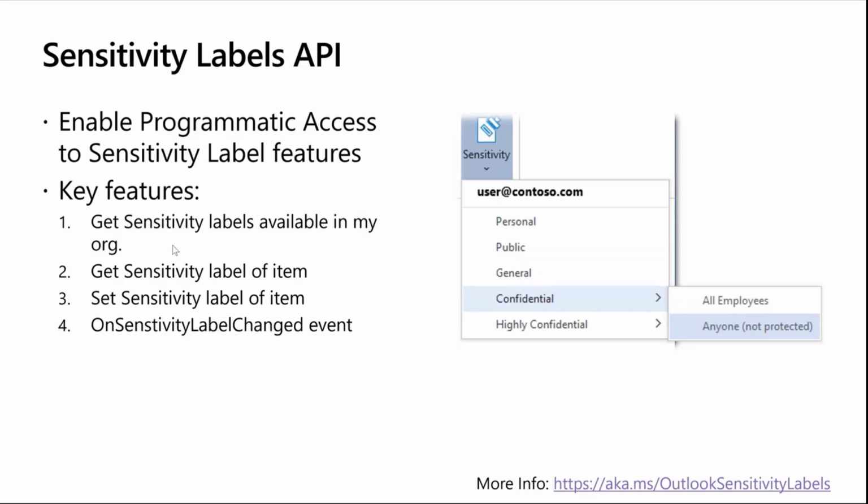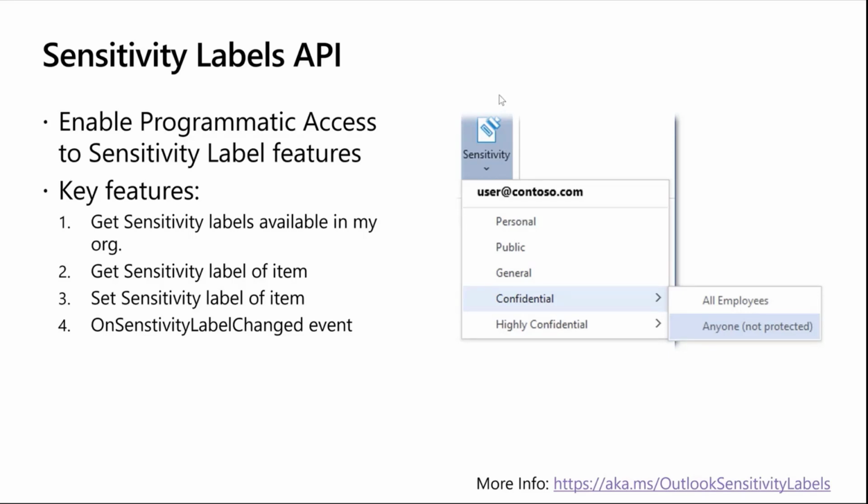Well, number one, sensitivity labels can change by organization, so we have an API to get the sensitivity labels available on my tenant. Evidently, I can also get the sensitivity on an item or set it as part of the composing experience. We are also providing an event that works in an autolaunch fashion, so it works whether the add-in is active or in the background. And you can use this event to learn if the user changed the sensitivity level of an item. So, highly requested feature, shipped.